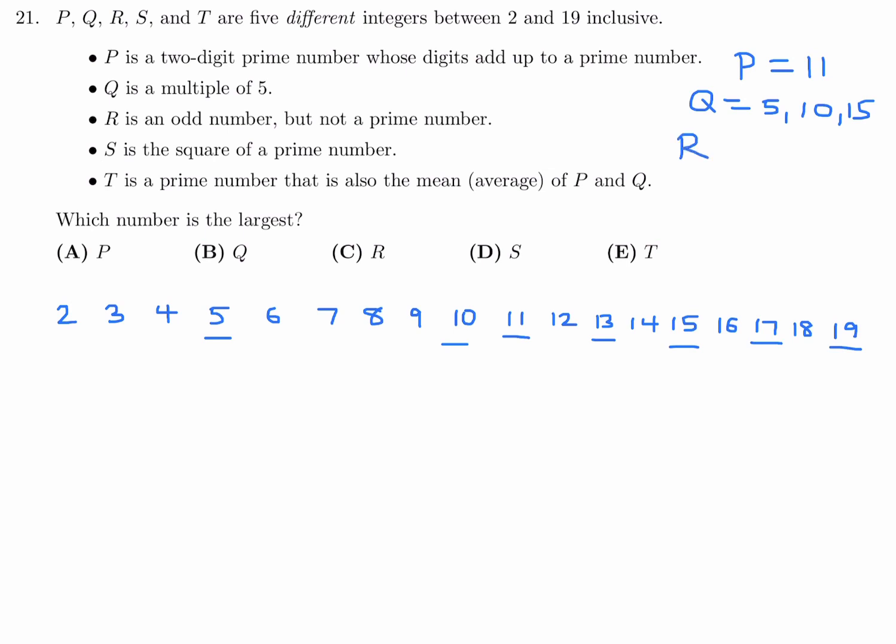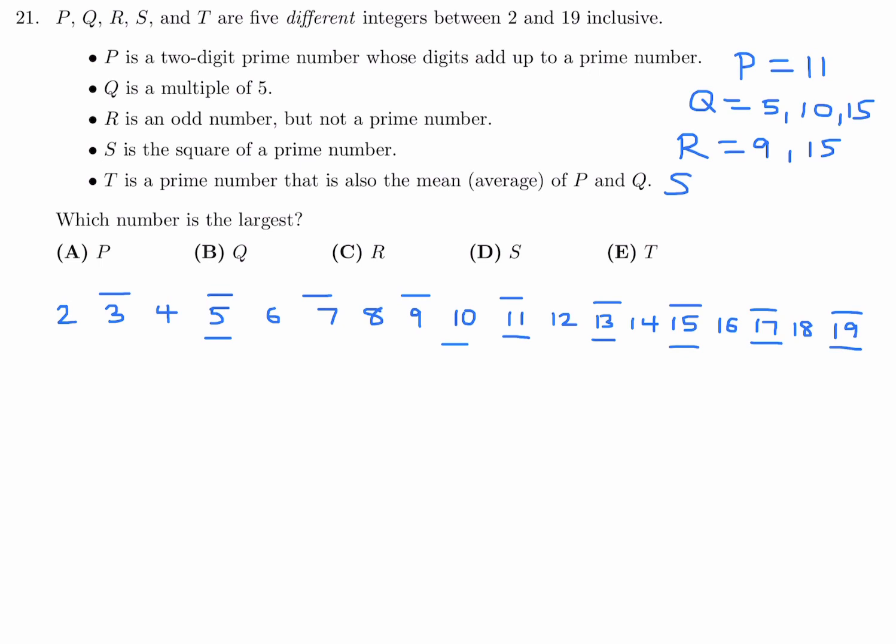R is an odd number but not a prime. So it's either 3, 5, 7, 9, 11, 13, 15, 17, 19, but not a prime. So it can't be 3, 5, 7, but it can be 9, because that's not a prime. Can't be 11 or 13, but it can be 15, and it can't be 17 or 19 because those are prime.